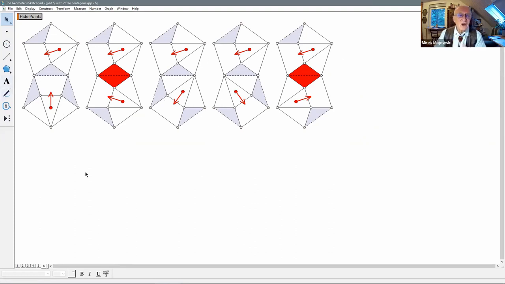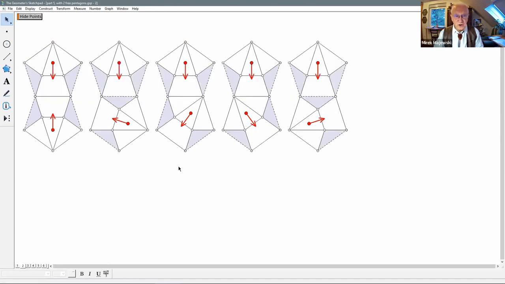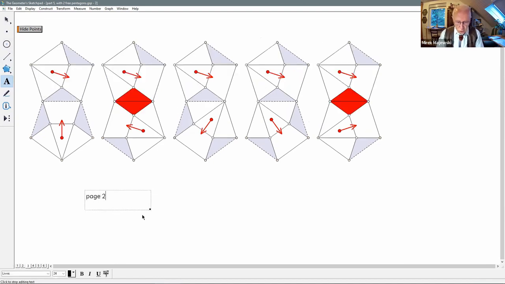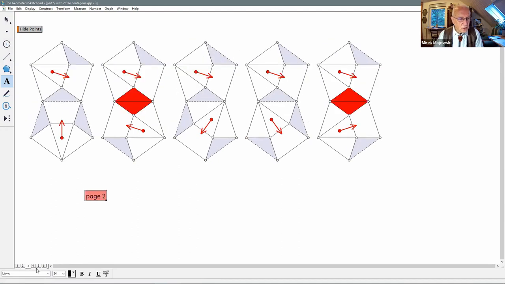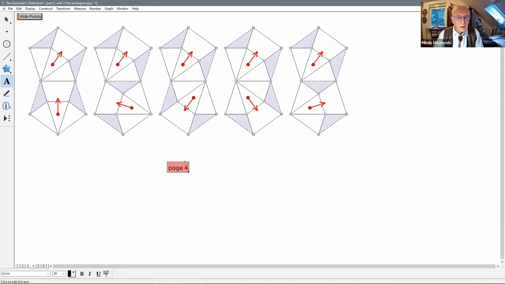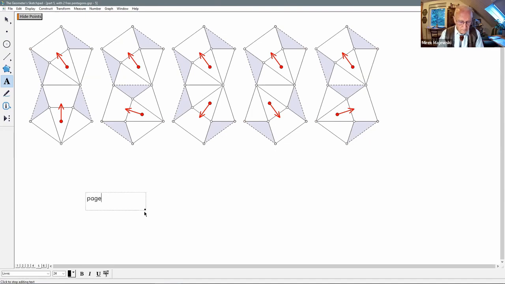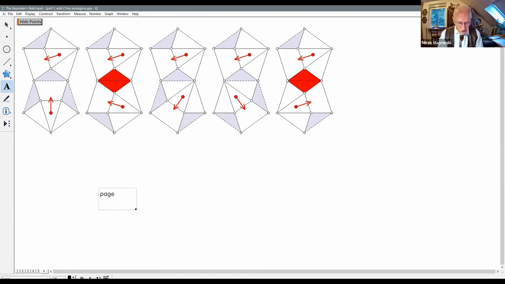So what we really got on each of these: page 1, then page 2, then page 4. Okay, the page 3 was missing. This is page 4, and then it's page 5.